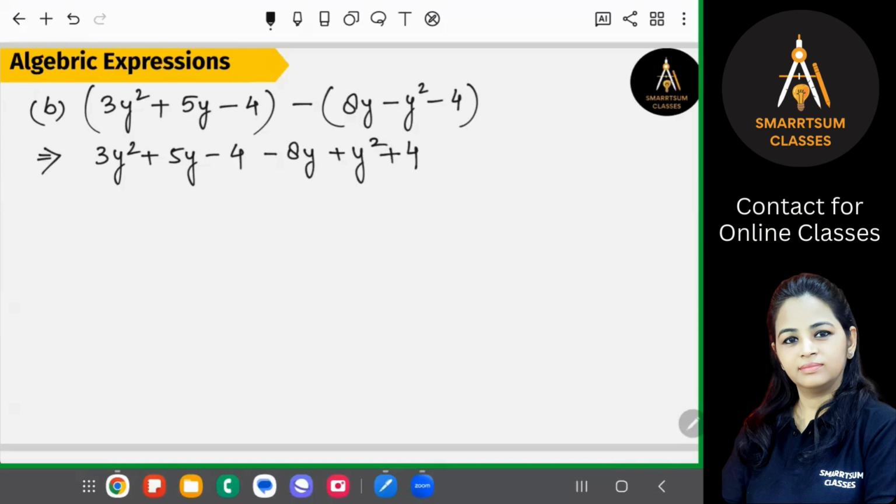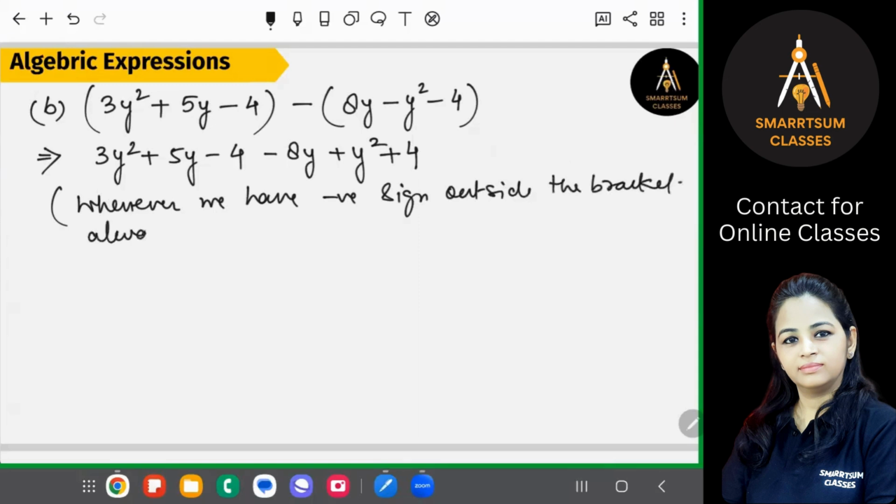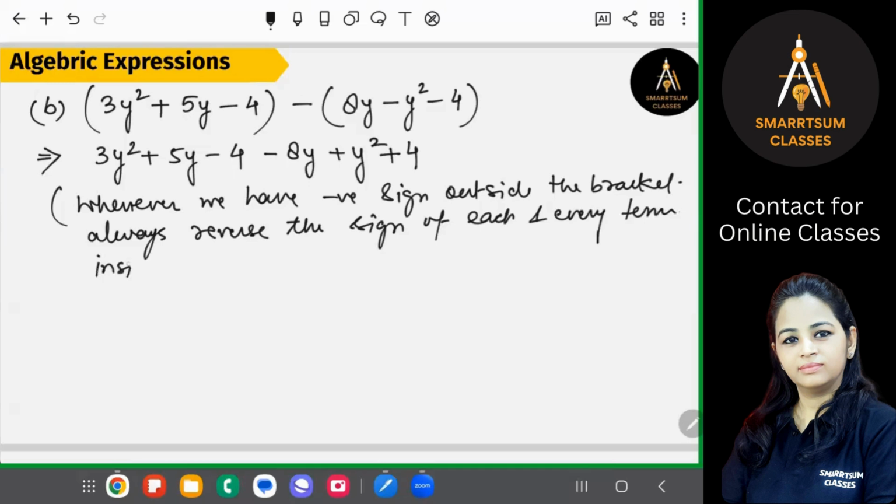If you want to write down the rule, you can write: whenever we have a negative sign outside the bracket, always change or reverse the sign of each and every term inside the bracket while opening it.